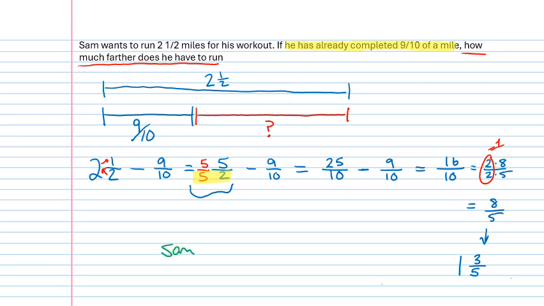We could say Sam has 1 3/5 miles to go, 1 3/5 miles left to run, something that means this. Okay, so that does it for this problem.